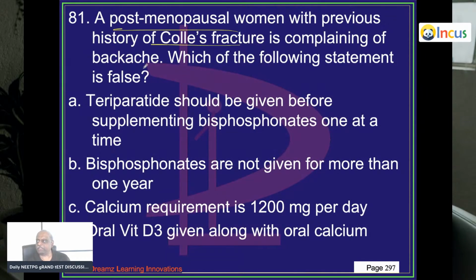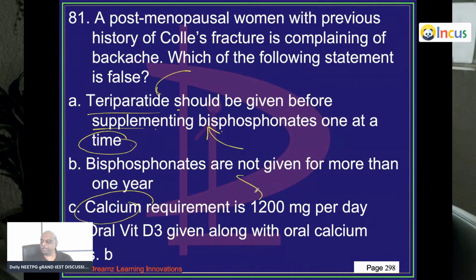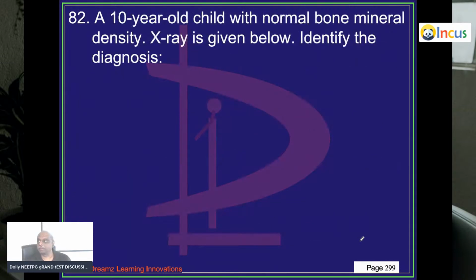Postmenopausal women with Colles fracture. Teriparatide should be given before supplementing bisphosphonates, one at a time. Calcium requirement is 1200. Oral vitamin D3 can be given along with oral calcium. They're all true statements.